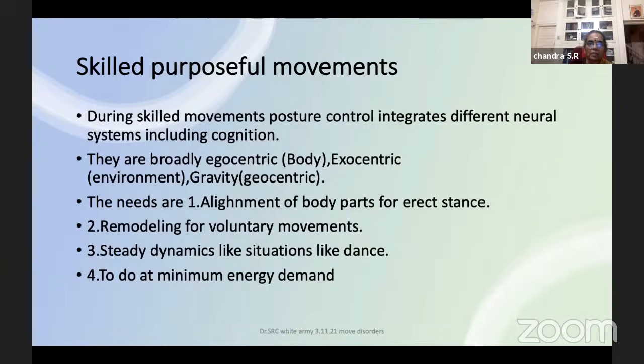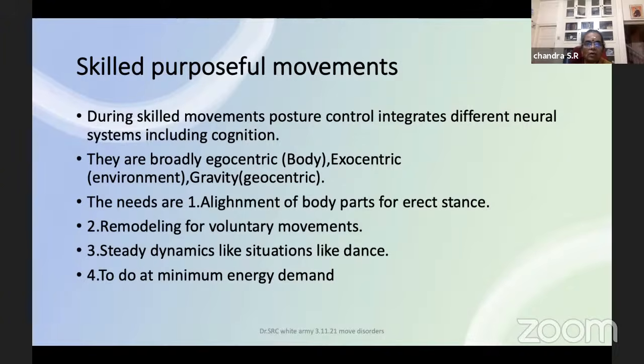So it puts multiple factors, including cognition, and carries out that movement. And they can be egocentric or body-centered, exocentric or environment-centered, or geocentric or gravity-centered. So all these get affected. Body-centered movements can be affected, environment-centered movements can be affected, gravity-assisted movements can be affected.